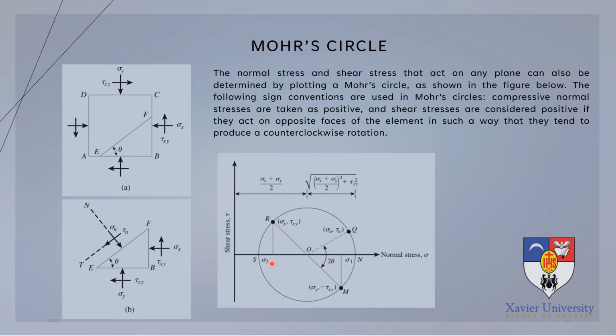Meaning, in our Mohr's circle, we have to adapt the sign conventions: compressive normal stresses will have a positive sign, and shear stresses that will incur counterclockwise rotation on our plane of consideration will have a positive sign. The opposite will have a negative sign.